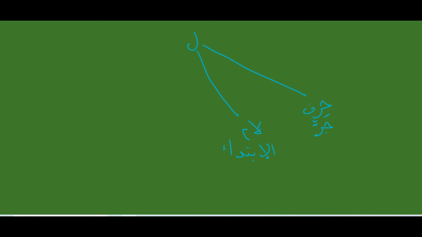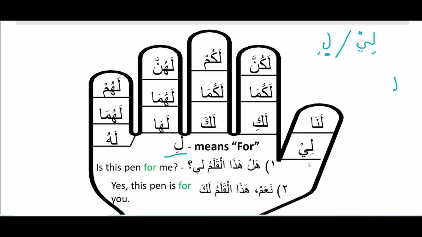I'm just telling you the reason it cannot be in the upper case. Why the lam cannot be in the upper case when it is connected to a word. You have to differentiate. This is the lam harfu jar li that is connected to dhamir muttasil, attached pronouns.